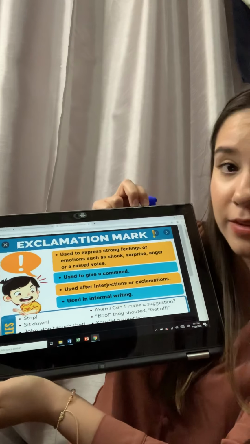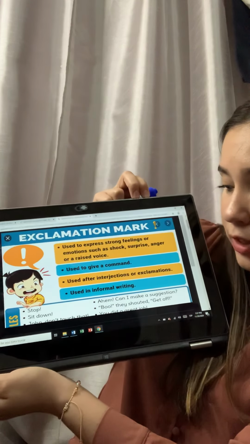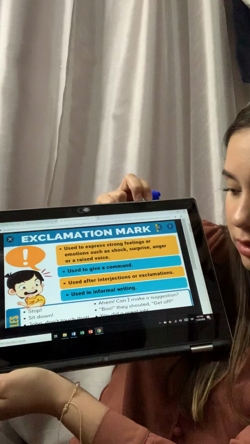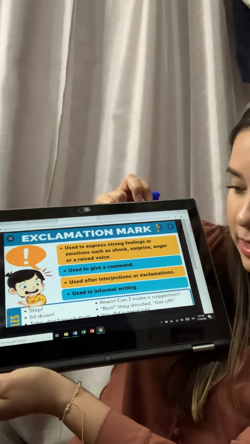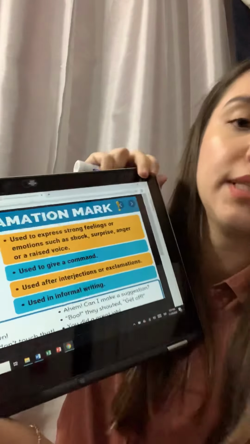It's used to give a command, used after interjections or exclamations, and used in informal writing. For example, if I say to someone, stop, that's not a complete sentence, but I'm saying stop. It's for strong feelings, so that would end with an exclamation mark.